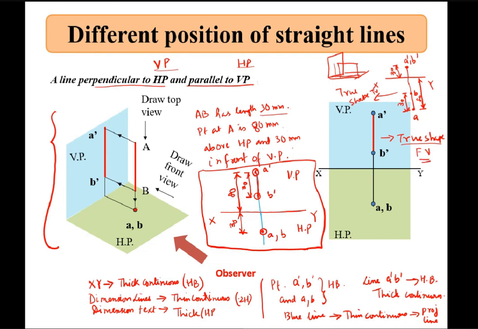Whenever you have a straight line parallel to VP, you get the true shape and true length on the VP. If the straight line is parallel to HP, the horizontal plane, you get the true shape on the top view. Have you understood this point? Yes, sir.